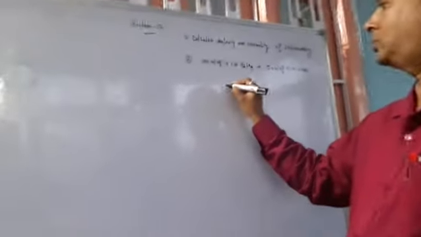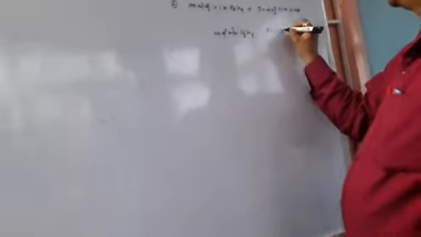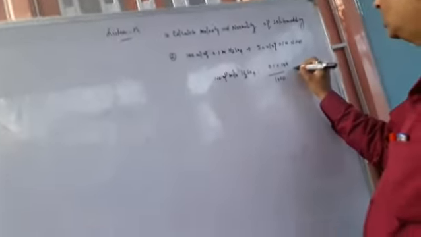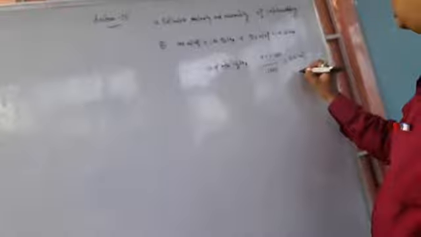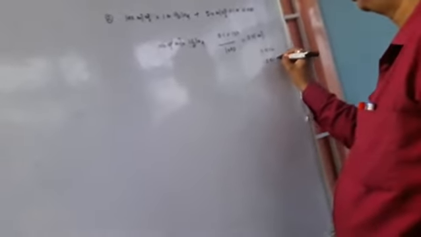One is an acid, the other is a base. So first of all, the number of moles of H2SO4 is 0.1 into 100 divided by 1000, so that is 0.01 mole, and the gram equivalent is 0.01 into 2, that is 0.02 gram equivalent.